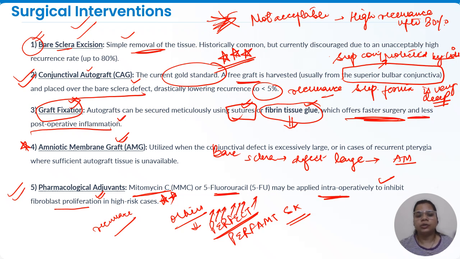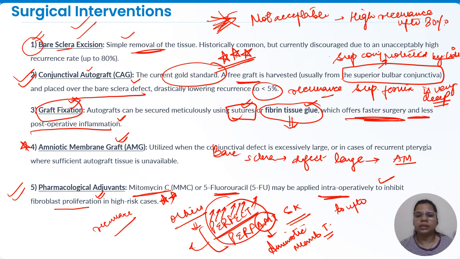And in place of this conjunctival transplant, we can use amniotic membrane transplant. These are modifications of these techniques, and they reduce the recurrence rate to less than 1%.